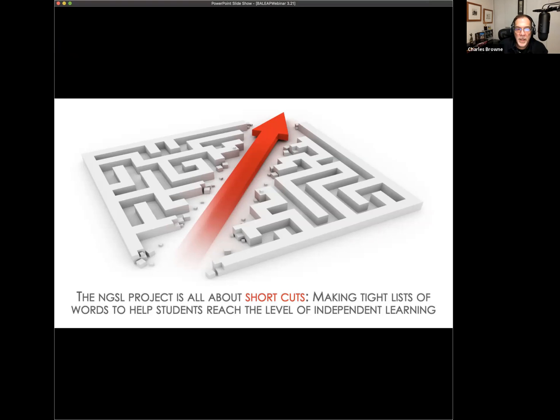So we are trying to cut down from 30,000 to much, much smaller, more reasonable numbers, and creating short, efficient lists of vocabulary words that will get them to the point where they know more than 90%. Because once you get above 90%, that's the point where students are independent. That's where they can read and guess from context, where they don't need a dictionary, where they don't need a teacher, where they can begin to read and understand. So this is kind of what we're trying to do.